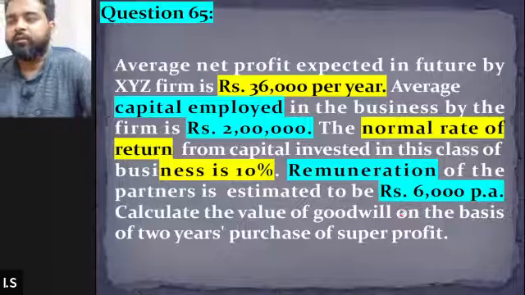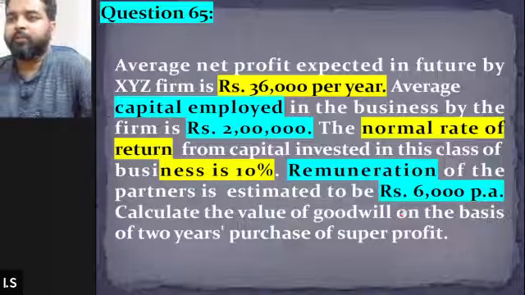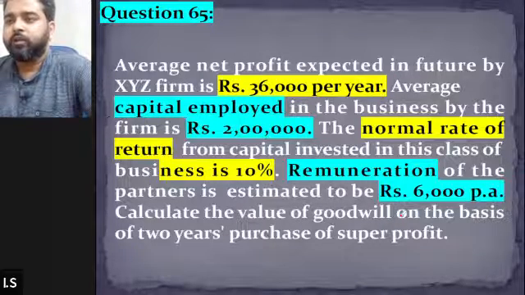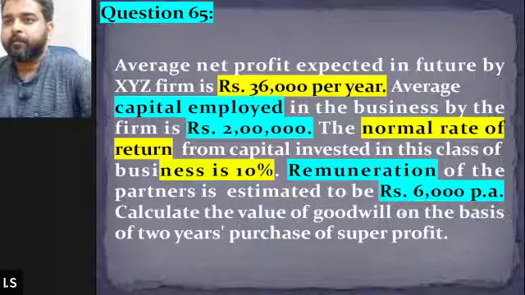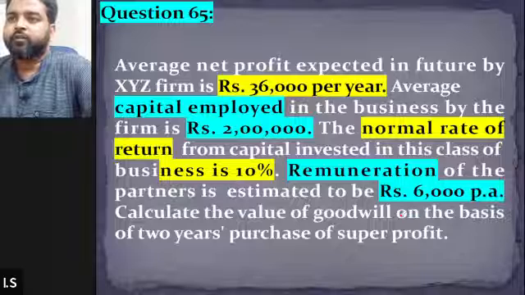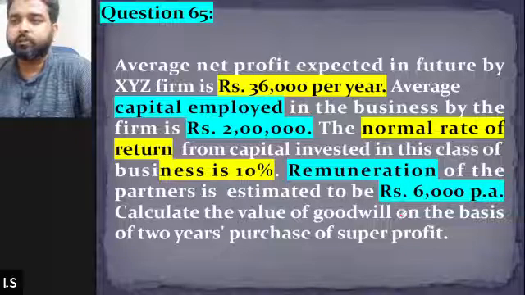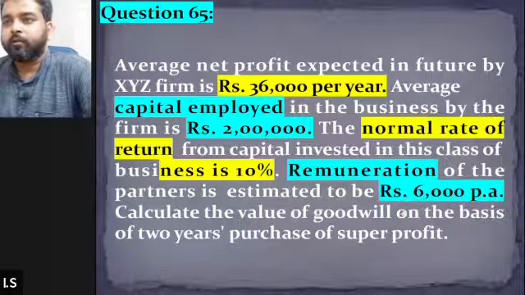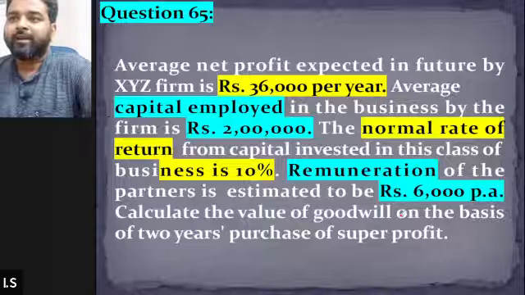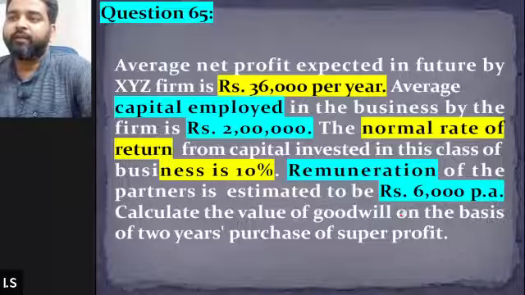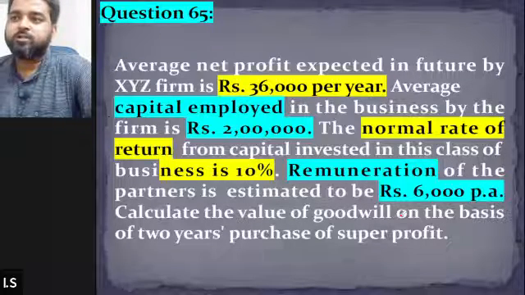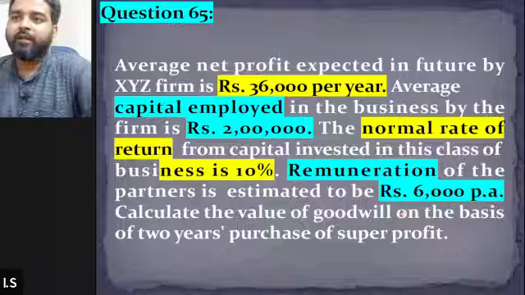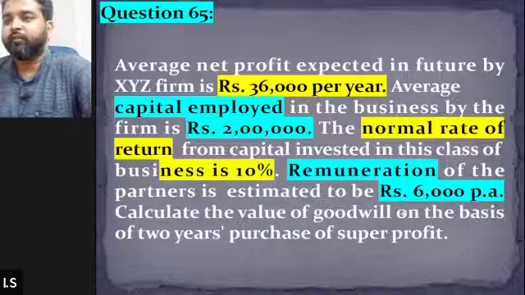See guys, whenever any expense is given in the question, that means profit is calculated without taking such expense into consideration. That means the average profit of the firm given in the question, 36,000 per year, does not include this remuneration. We haven't deducted this expense while calculating the average net profit of the firm.